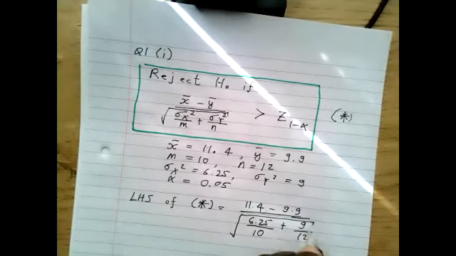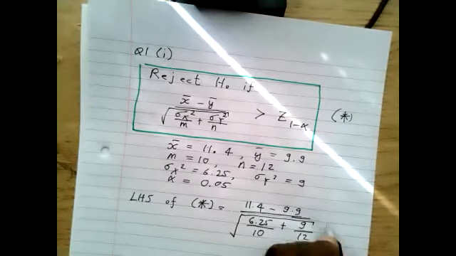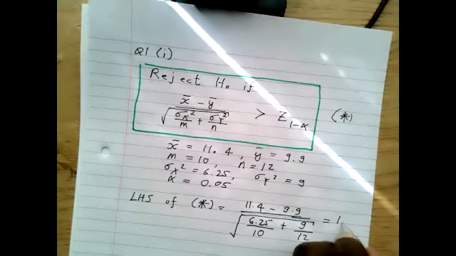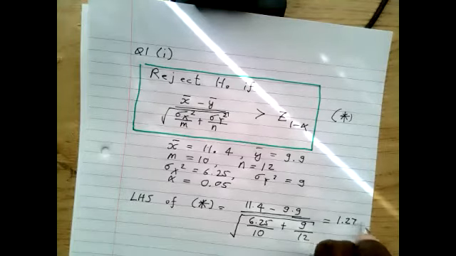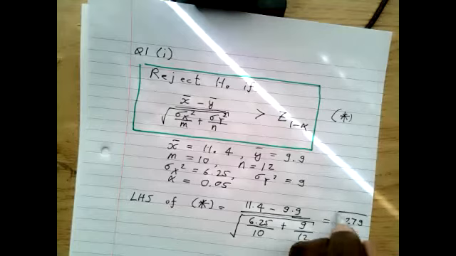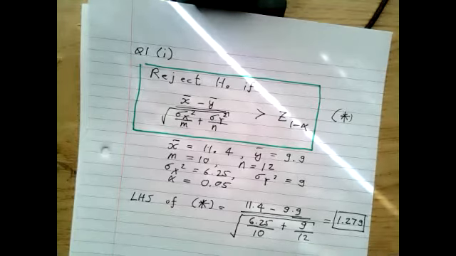So this is the left hand side of star. If you compute this, you will get 1.279. So this is the value for the left hand side.